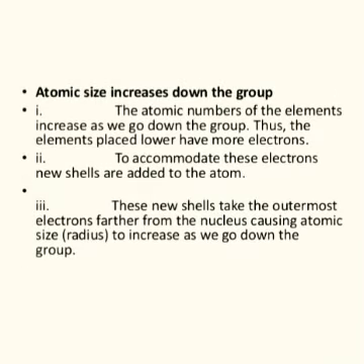The atomic number of the element increases as we go down the group. Thus, the elements placed lower have more electrons. To accommodate these electrons, new shells are added to the atom. These new shells take the outermost electrons farther from the nucleus, causing atomic size to increase as we go down the group.